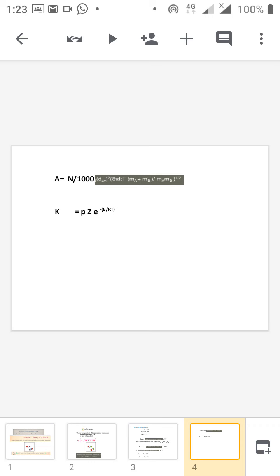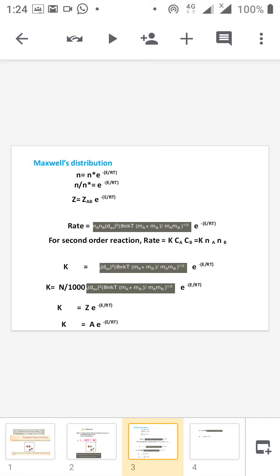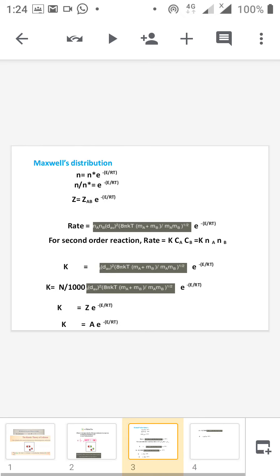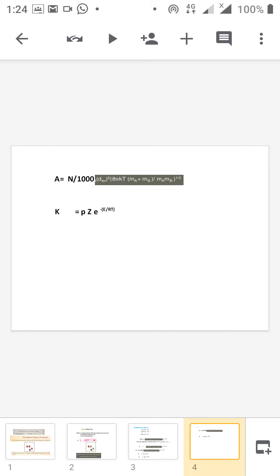That's why we introduce a new term, the probability factor or steric factor, represented by P. So by introducing P, the equation K is equal to Z into e to the power minus Ea by RT becomes K is equal to P into Z into e to the power minus E by RT.